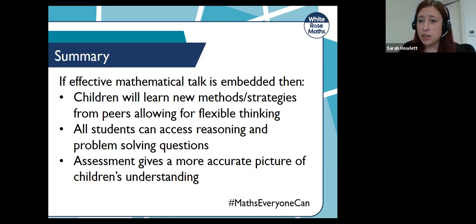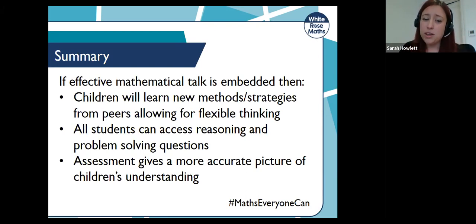We also are able, if we get that talk-rich environment, to support all students to reason and problem solve, something that I'm so passionate about, really getting the most out of our learners and not putting that ceiling on them. It goes back to that growth mindset thing that somebody mentioned in the chat box earlier as well.